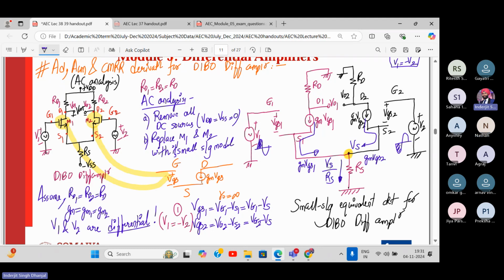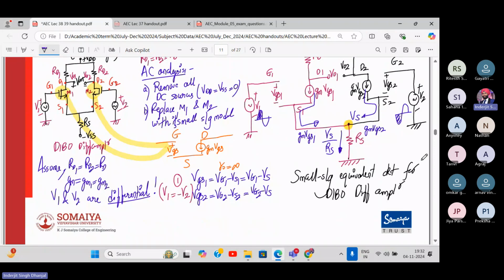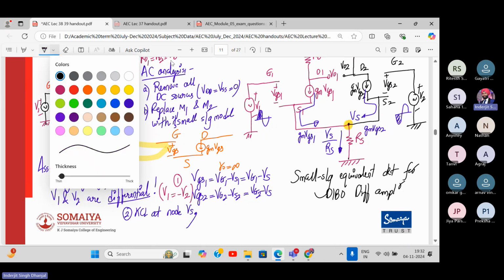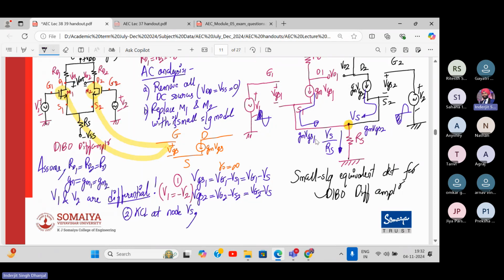Yes. Okay, so what is my KCL at node VS? Write down second step, KCL at node VS. Two incoming currents are there: GM into VGS1 plus GM into VGS2 is equal to Vs upon Rs.